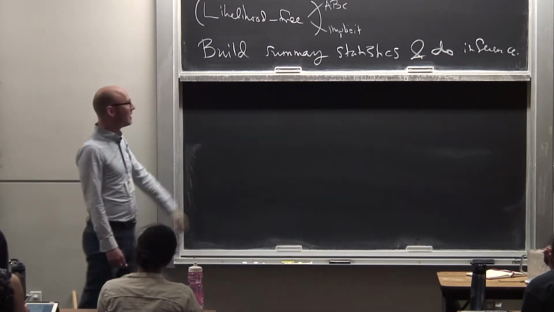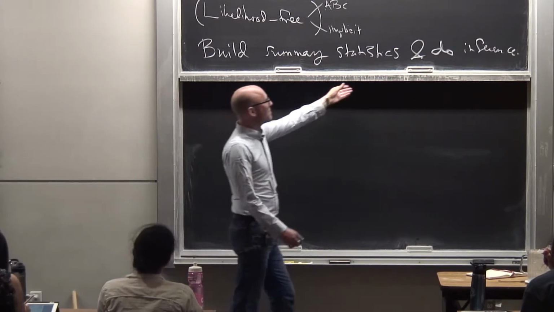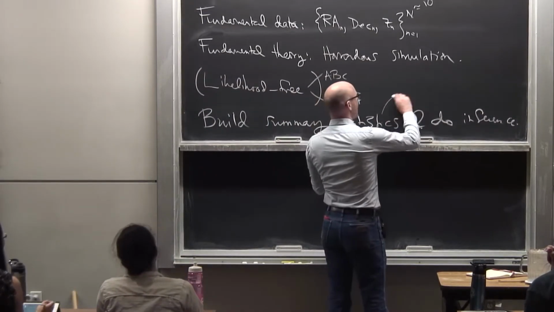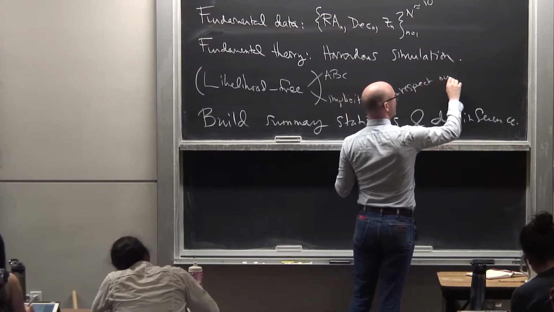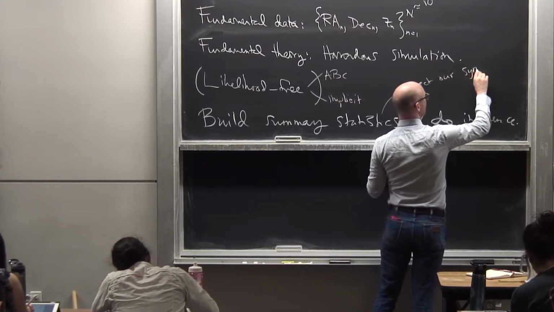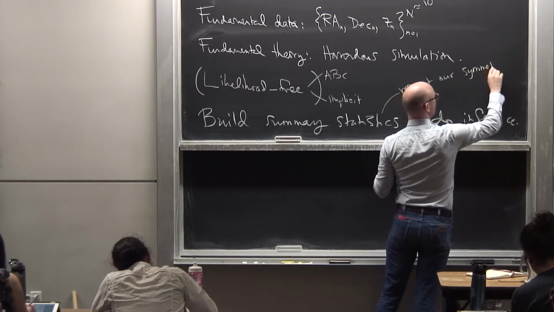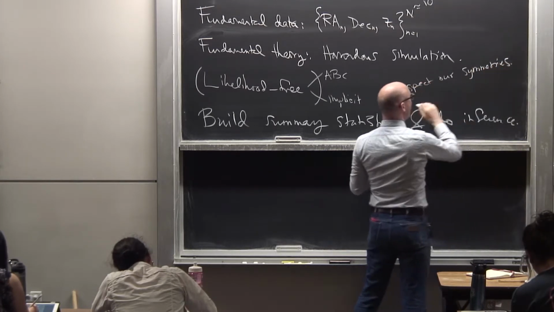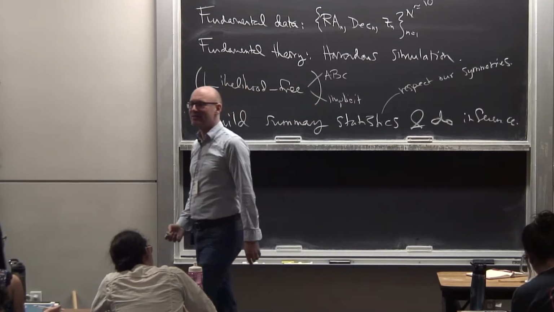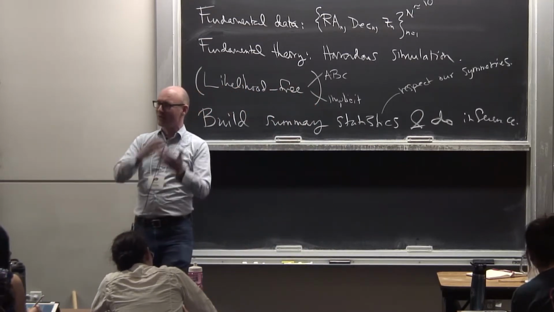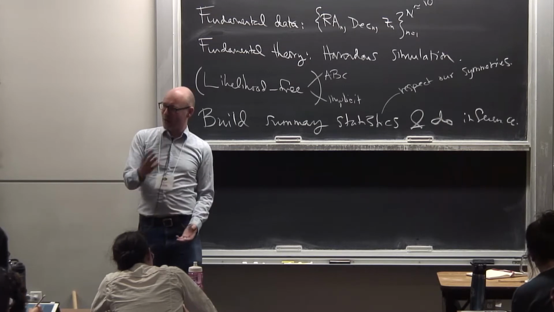The nice thing is that these summary statistics can respect our symmetries. And this keys into a point I made on the first day, which is that you have a lot of knowledge about the problem you're working on.